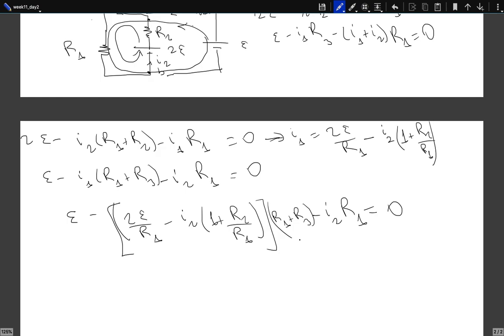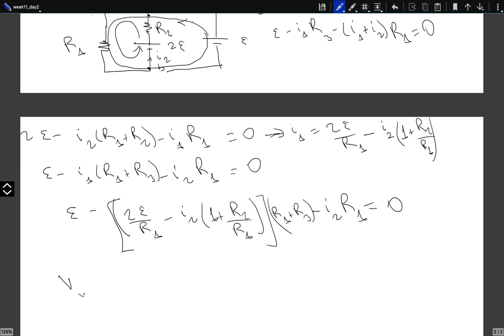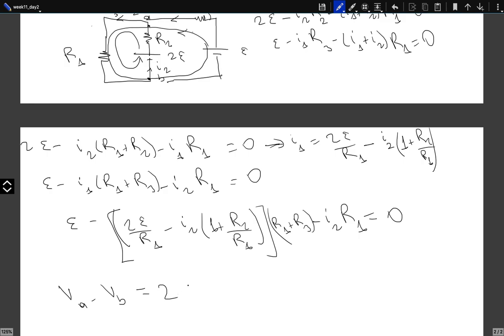Now, once you obtain I2, you see the question asks VA minus VB. Let's start from B and write the potential increases from B to A. Across the battery, the potential increase is twice epsilon minus I2 times R2.